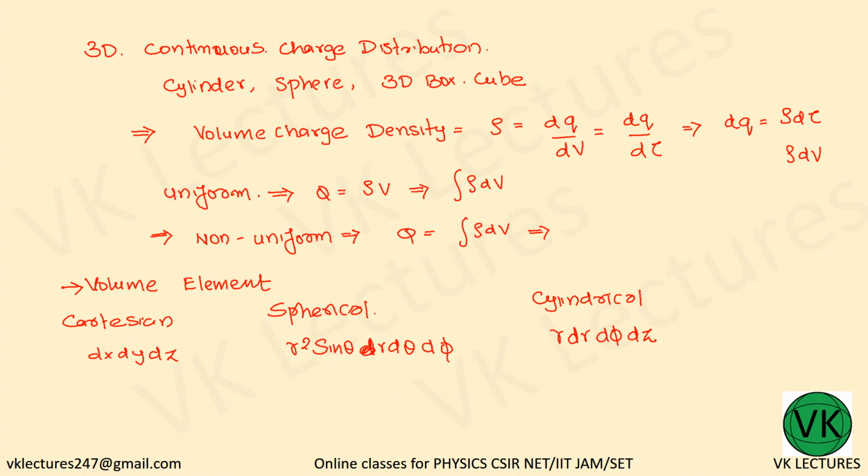If your rho is in Cartesian, you should use dx dy dz. If rho is in spherical polar coordinates, we need to use r square sine theta dr d theta d phi. And we can also mention the limits.